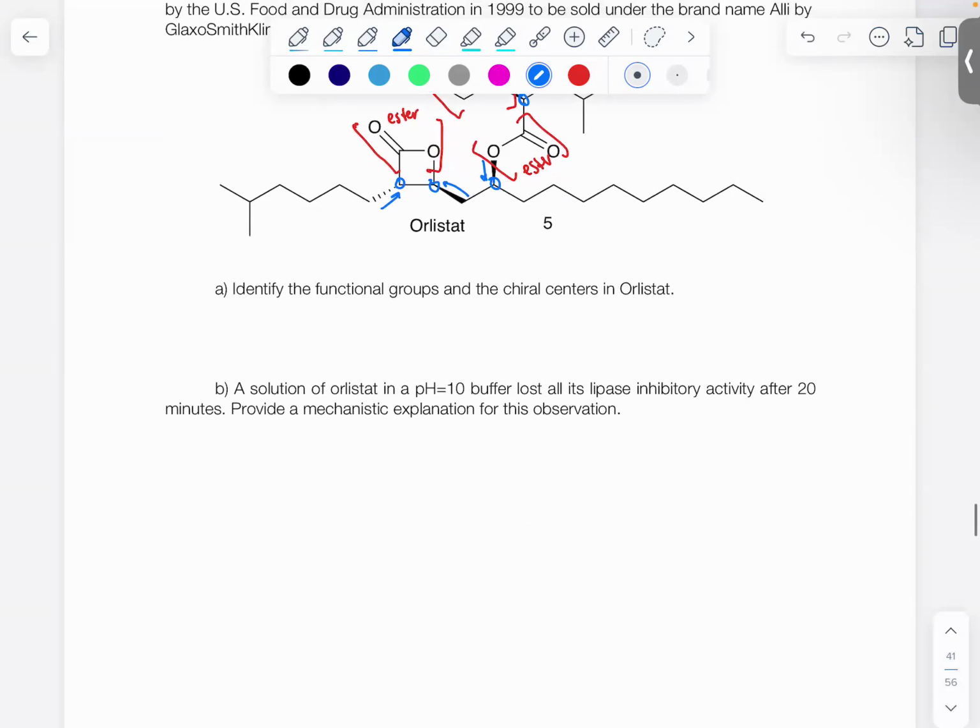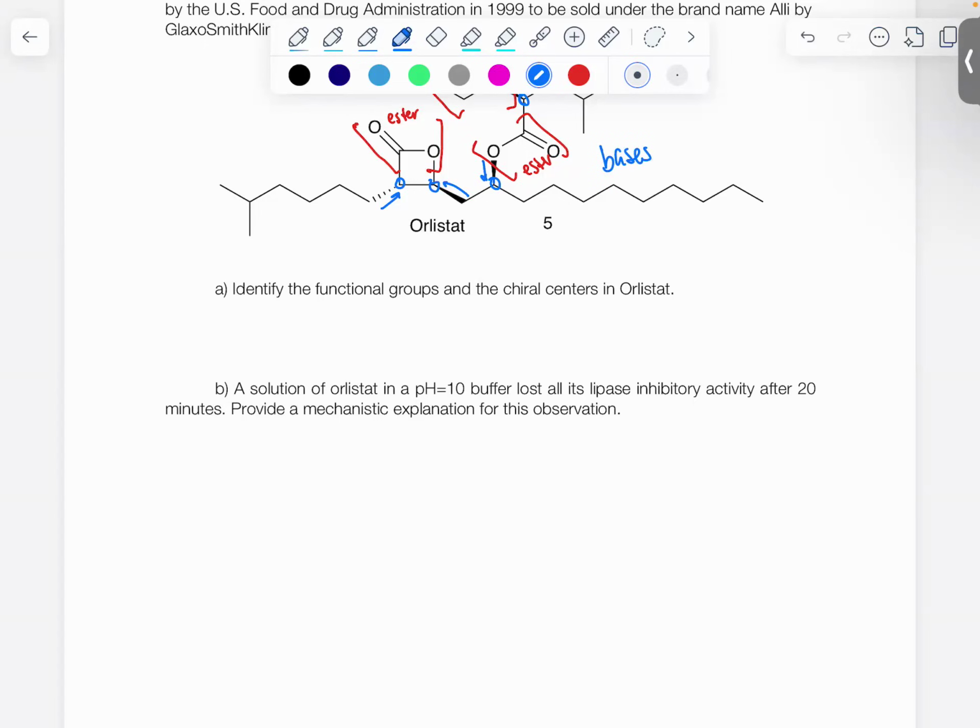Next, we can look at how a basic buffer can affect the reactivity of our orlistat. And so looking at our reactivity, these esters are more reactive to bases.